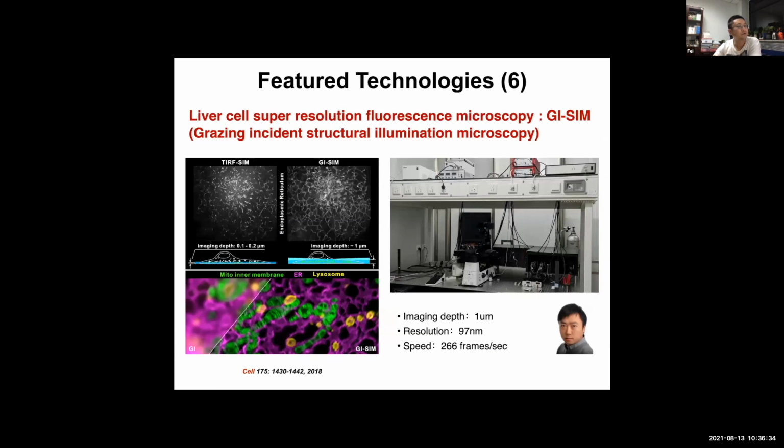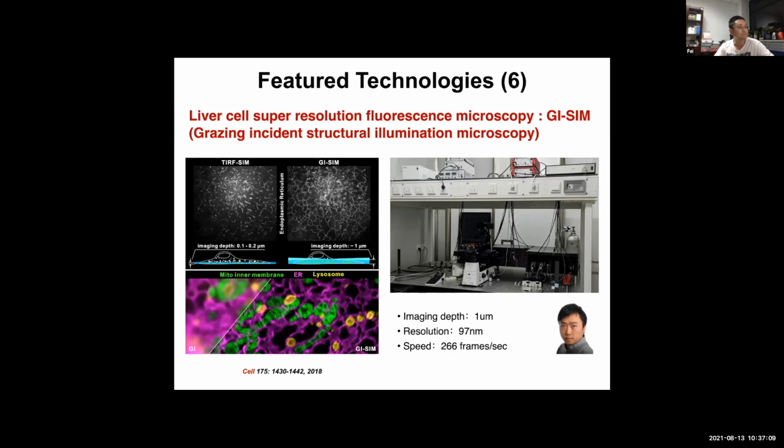And since our biological imaging center combines electron microscopy and fluorescence microscopy together, in our center we also developed some advanced fluorescence microscopy. Recently this new technology is called GI-SIM. It's called grazing incidence structured illumination microscopy, developed by my colleague, Dr. Dong Li.